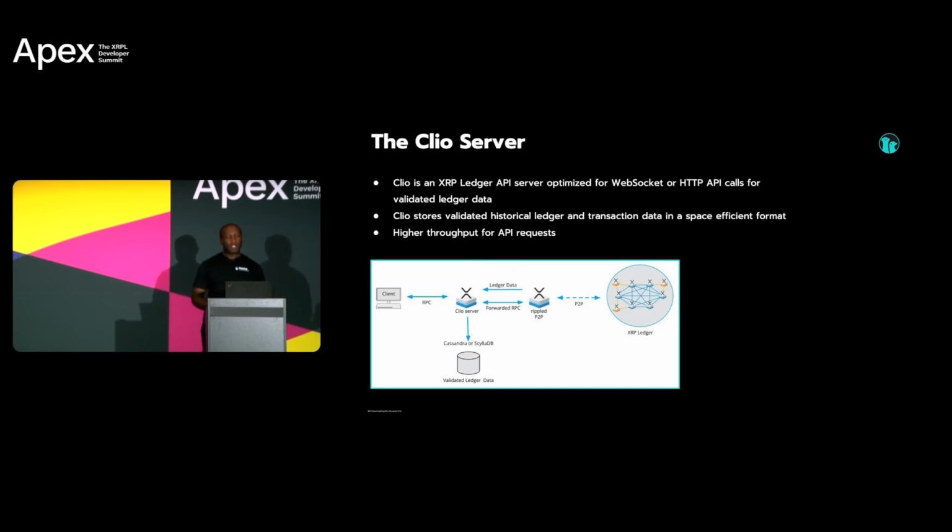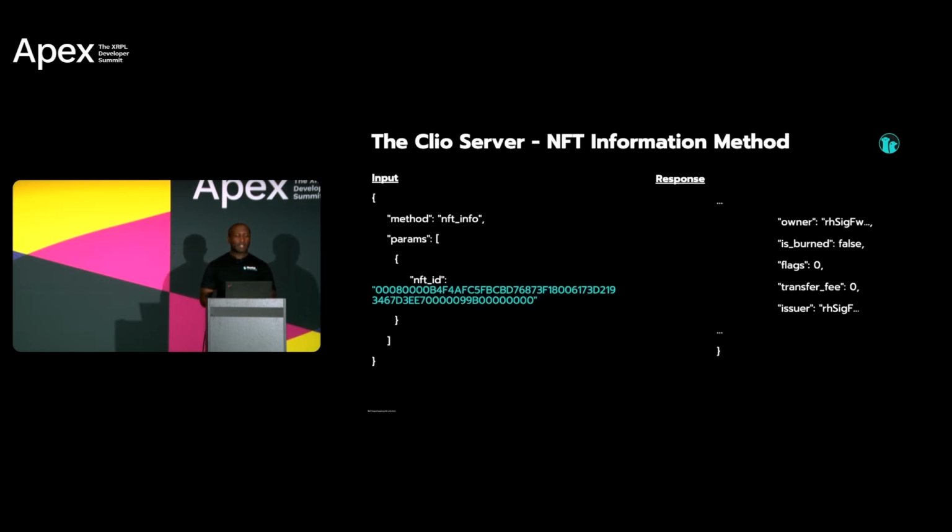One interesting new method that has been added on the Clio server is NFT Info. So you can send this to a Clio server as a JSON RPC call, and if you specify an NFT ID, like the one I've highlighted there, you can get specific information about an NFT.